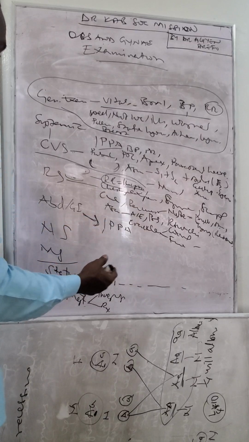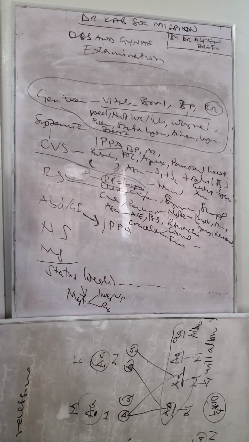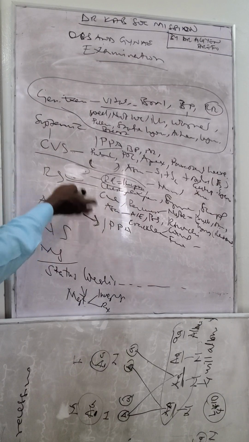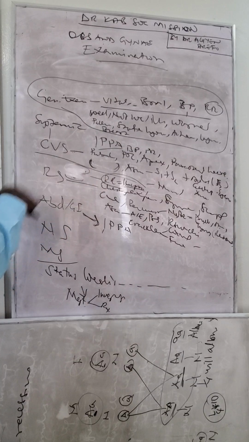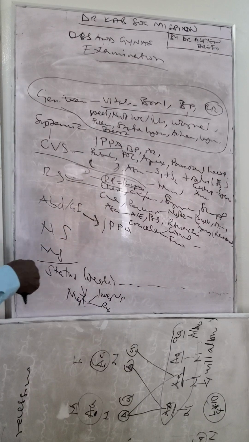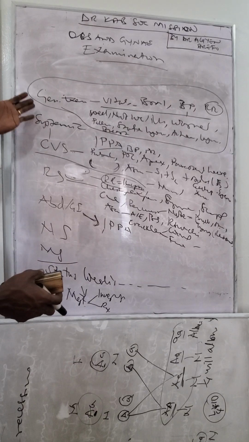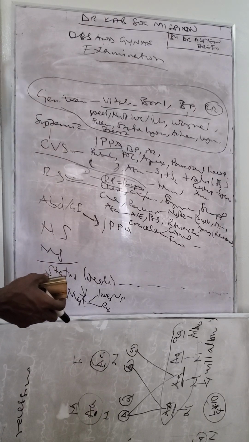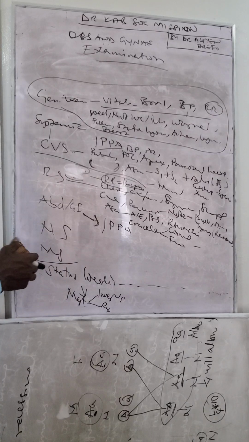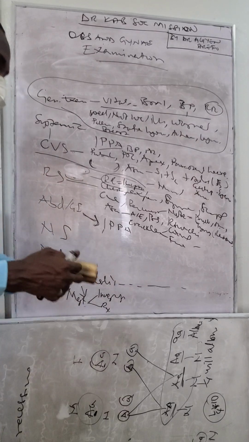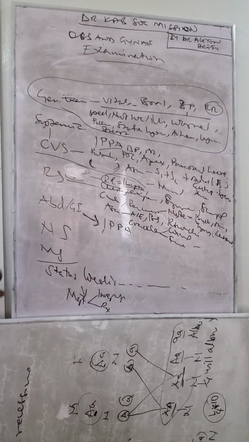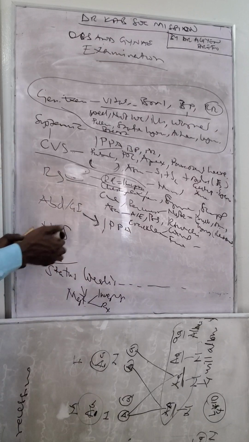Then we have other things like the striae gravidarum, or the old ones, which is the striae albicans, an old scar for a previous pregnancy and so on. Or you may have scarifications, which may be done for traditional reasons. Or you may actually have a scar there, or a cesarean scar there. All those come under inspection.